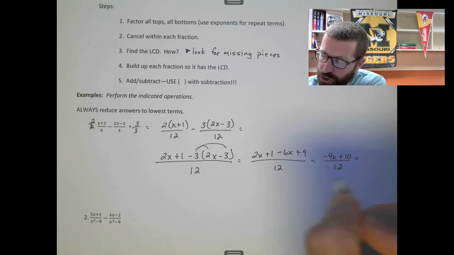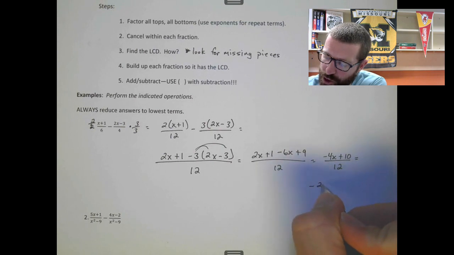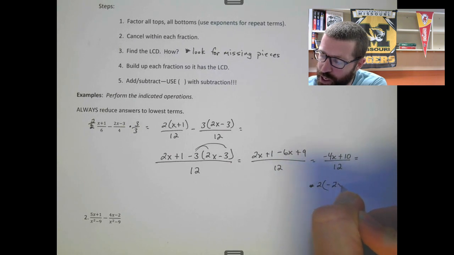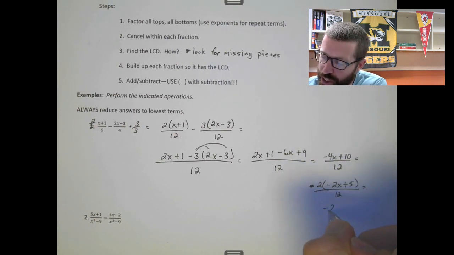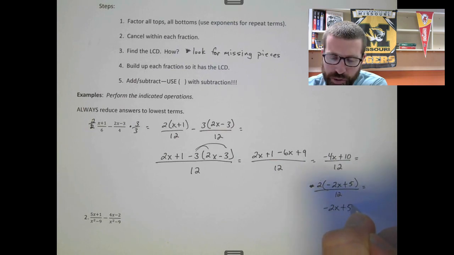To show actually the math, let's take out a 2. Let's just take out a 2, not a negative 2, sorry. We'll leave it negative 2x plus 5 and then over 12. And then now this reduces, right? 2 goes into 12 6 times. And so you get negative 2x plus 5 over 6.